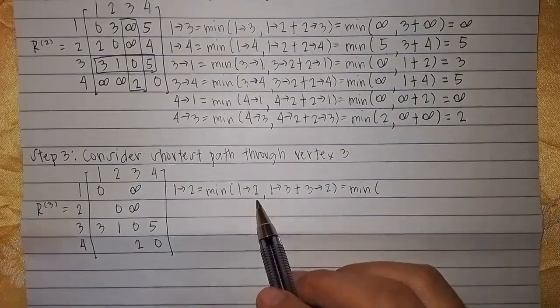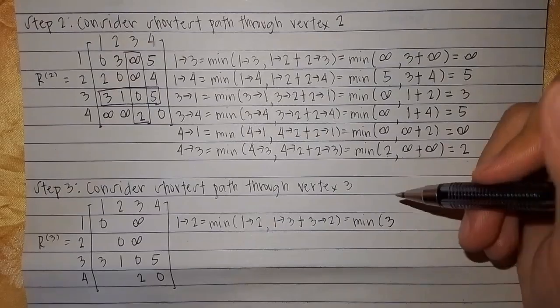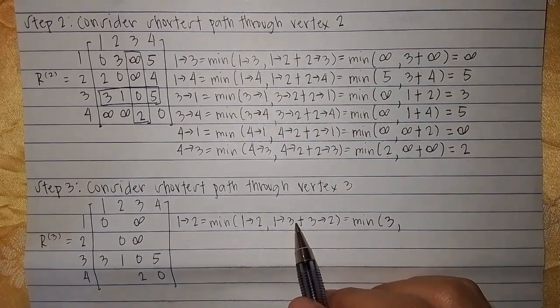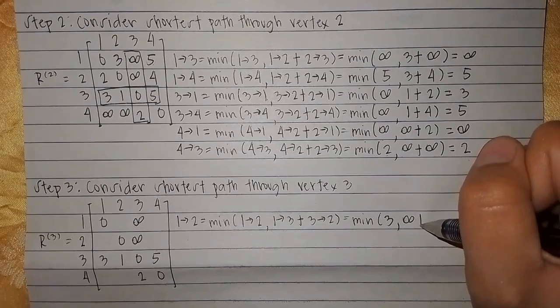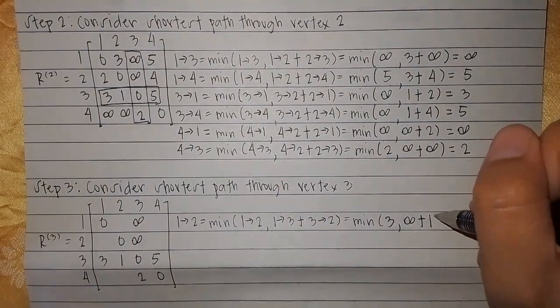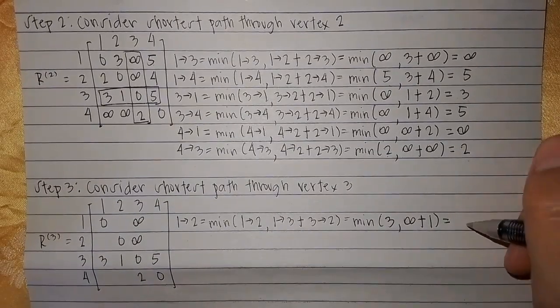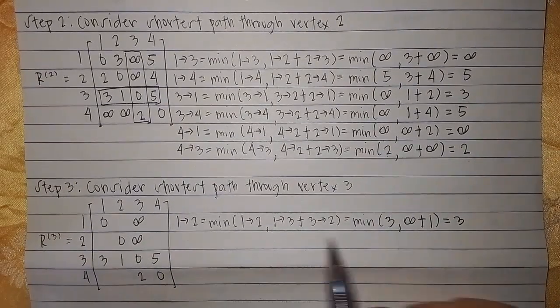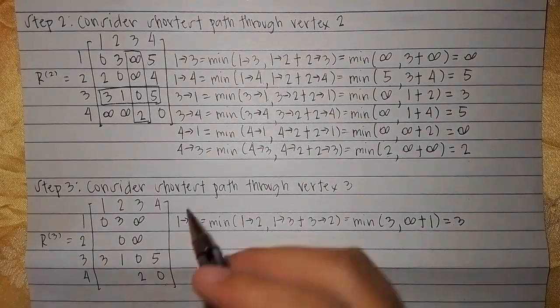So 1 to 2 is 3, and 1 to 3 is infinite, plus 3 to 2 is 1. So we will get this as 3. So 1 to 2 is 3. So we will put in the new matrix 1 to 2 is 3.